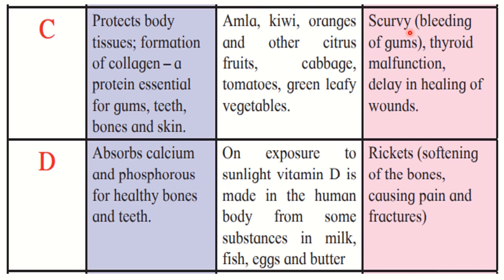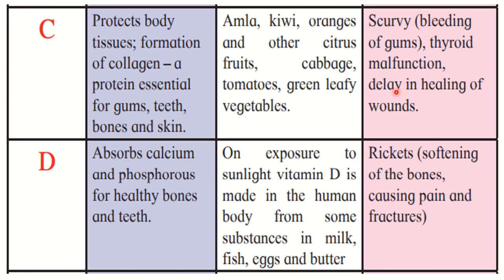Scurvy means bleeding gums. If the health of the gums is not good, then the gums bleed. This is called scurvy. And because of that our teeth become loose. Then thyroid malfunction. We have a gland in our throat. The gland is called the thyroid, and its malfunction is caused by lack of vitamin C.